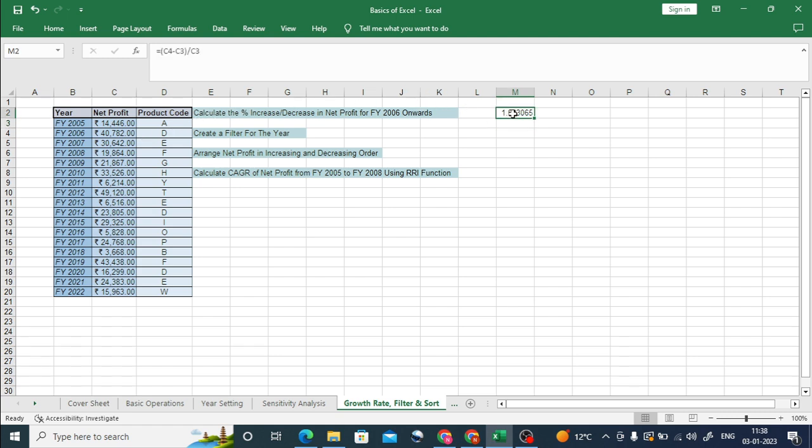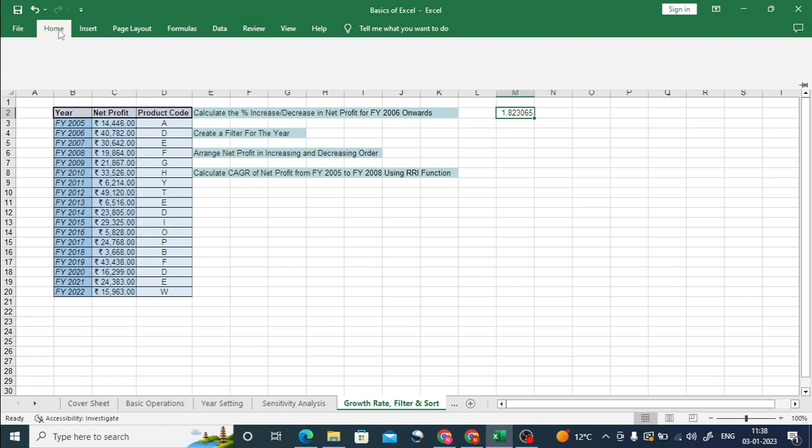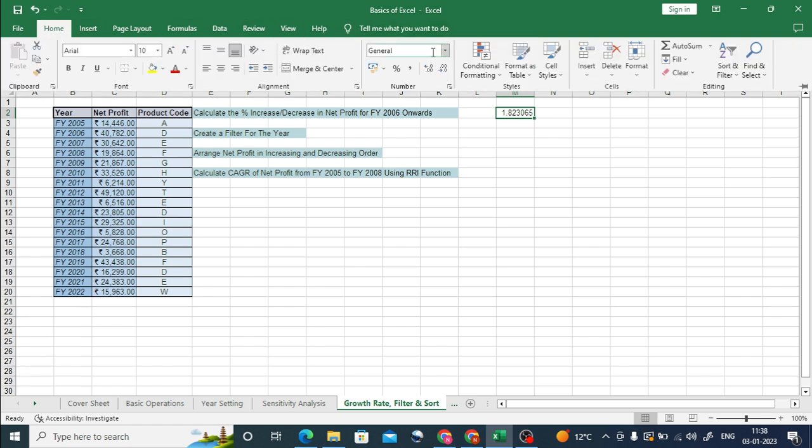Next we hit enter. We are getting 1.82, but this is a number, not in percentage terms. We can always change it to percentage terms by simply pressing this particular button. Over here you can see percentage. So 182%, and this is plus 182%, which means that the net profit in financial year 2006 has increased by 182% in comparison to financial year 2005.